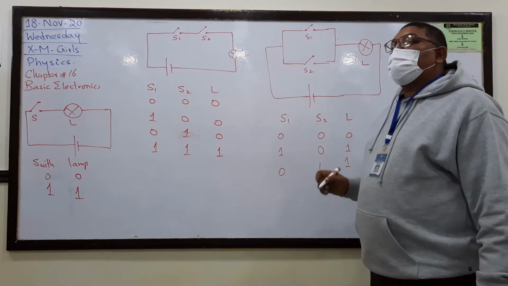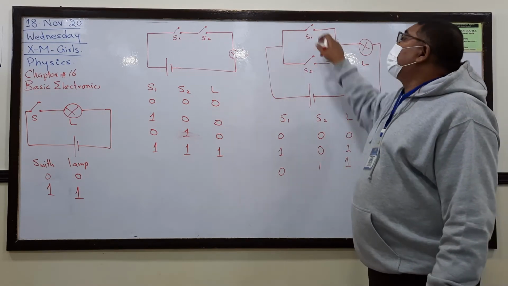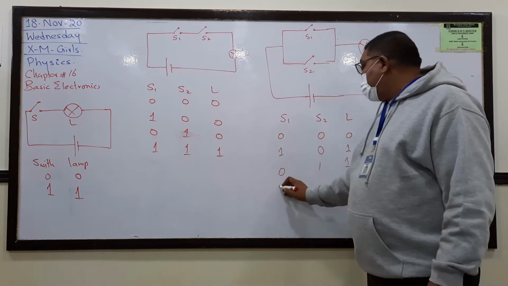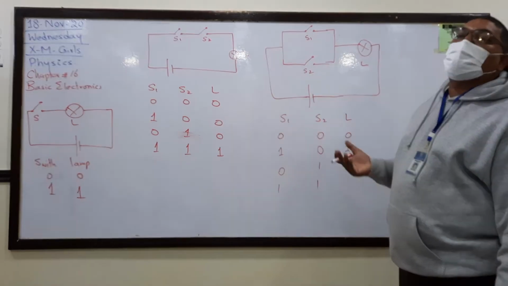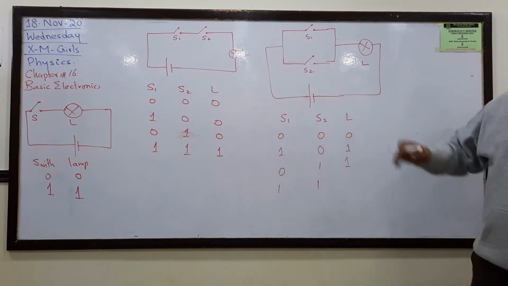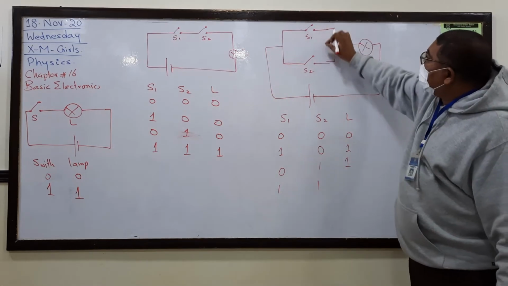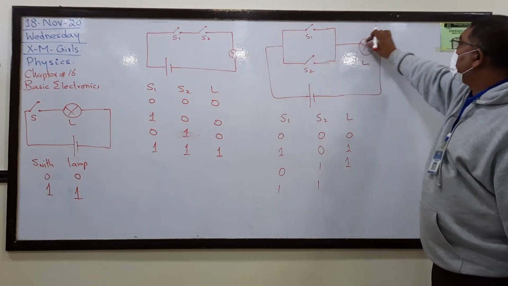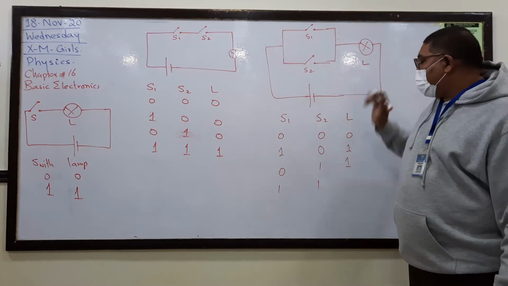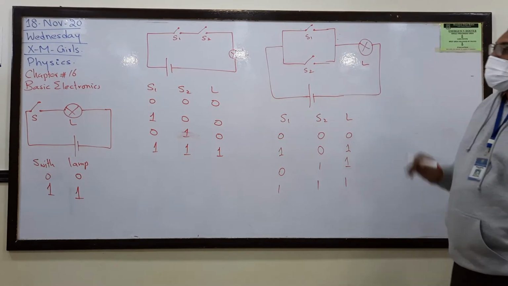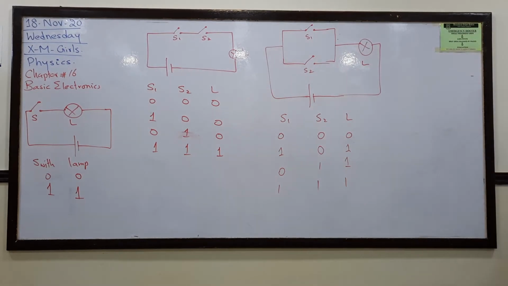Now close both of them, S1 and S2. If this is closed and this is also closed, the path of the current will be completed, the lamp will be on. Understand what I'm saying? Okay.